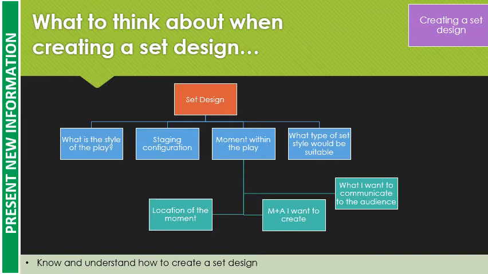What types of items or objects could you put on there that suggest that to the audience? Because it's a non-naturalistic play, a non-naturalistic set style will be most appropriate, and a lot of that is going to be symbolic and minimalistic. So you've actually got quite an easy job creating a set design for Missing Dan Nolan.